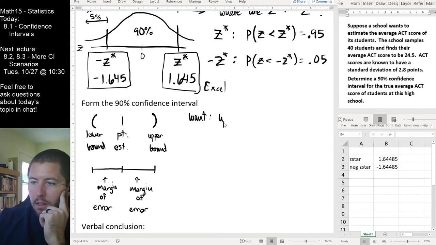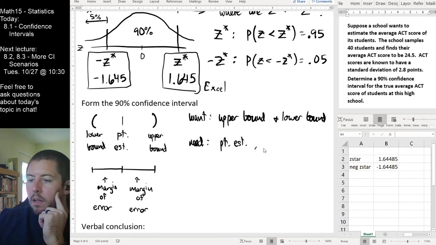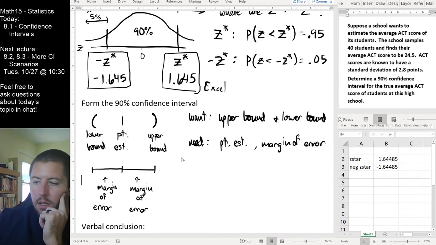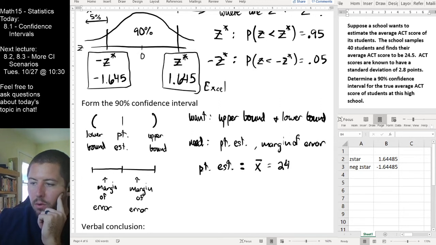We want an upper bound and lower bound. What do we need to get an upper bound and lower bound? A point estimate and a margin of error. So we know that our point estimate, that's our x bar equals, what did we say, 24.5?